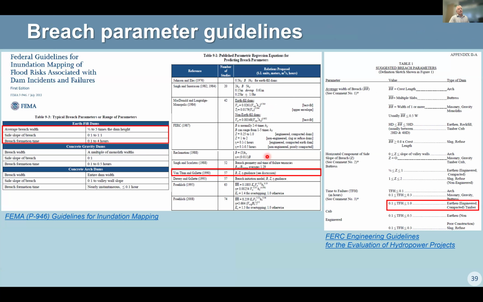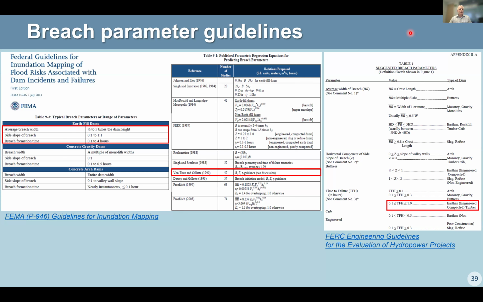And in those codes of regulations that we talked about before, which I showed you are all online, they reference these other engineering documents. These documents have more detailed information and guidelines about these breach parameters.